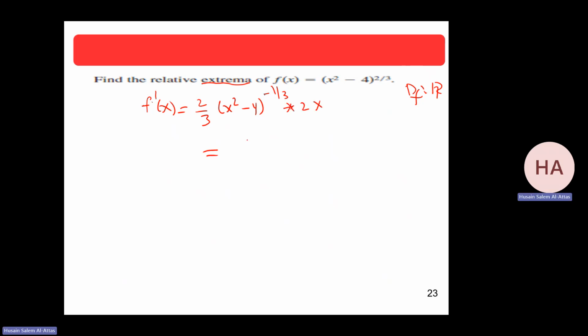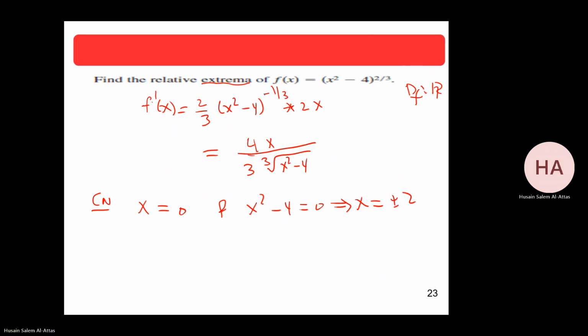Okay, so that gives me 4x over 3 times the cube root of x squared minus 4. 2 over 3 minus 1 is minus 1 over 3. So critical numbers: x equals 0, and x squared minus 4 equals 0, which means x equals plus or minus 2.